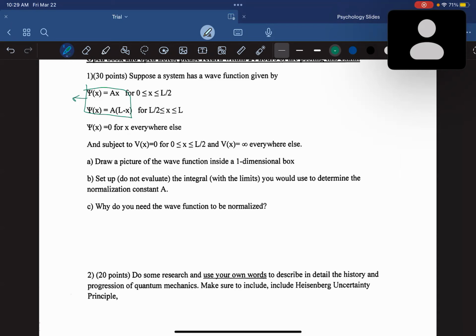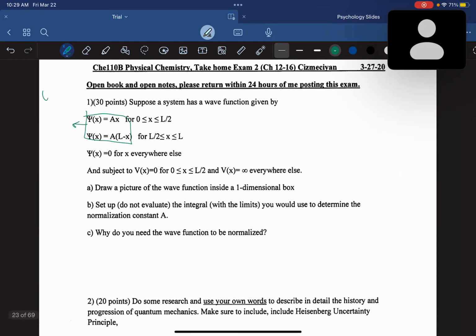So x plus a, I need a bit more space. O minus x. And then it's saying all these little specifications about the wave function.